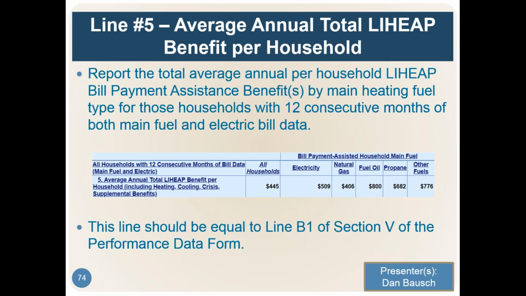So we recommend that for this line you calculate the information for Module 2, and then you go back and put this information in line 5 of Module 1. One thing to just stress if you're newer is that last year for the performance data form for fiscal year 2017, the process was a little unusual because approval for the form needed to be renewed.